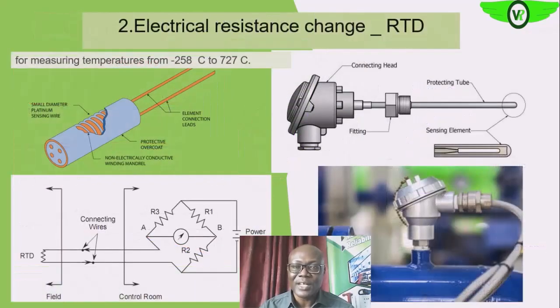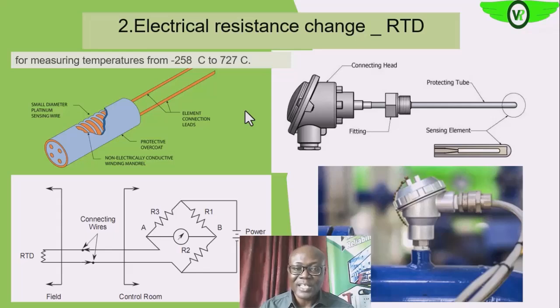So we have another type of temperature sensor, which is the resistance temperature detector. Okay, so the resistance temperature detector actually uses as a sensor materials whose resistance will change as the temperature of the material is changing.